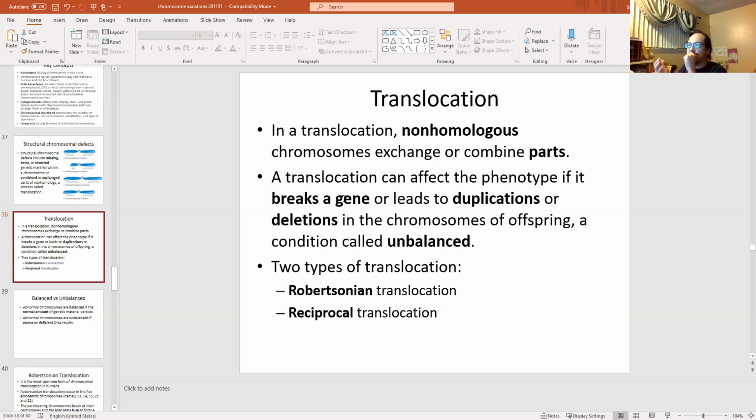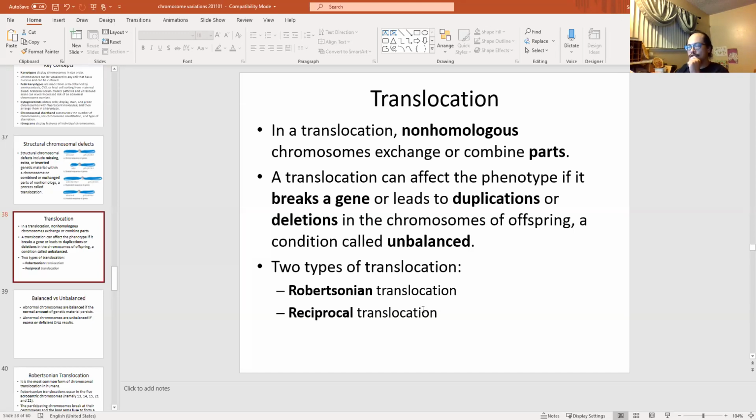Or if it leads to a duplication and a deletion, that will cause an extra gene, right? All this will cause a condition called an unbalanced translocation. It could also be a balanced translocation, where we switch one part with the other, but overall the genes are preserved and everything is okay, even though their locations are different. We will have some figures showing you what's balanced and what's unbalanced.